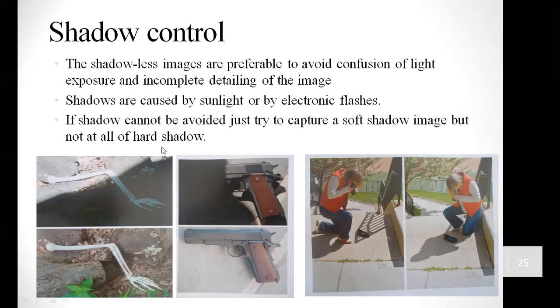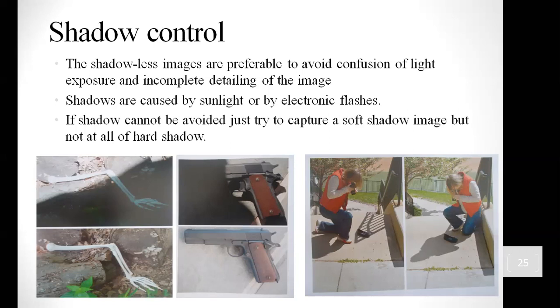Our primary focus will be to avoid this shadow. How can you do that? Suppose there is some solid object on the right side, and the light is coming from the right side. In between, you have some object in the direction of the light which is interrupting it. As a result, there is some shadow on the evidence.